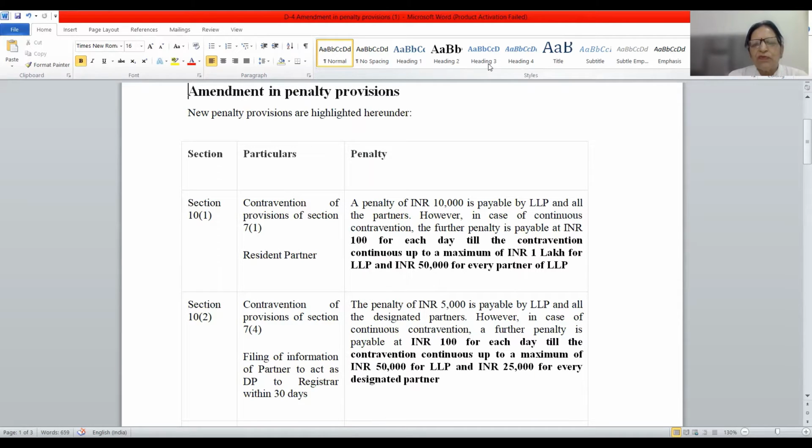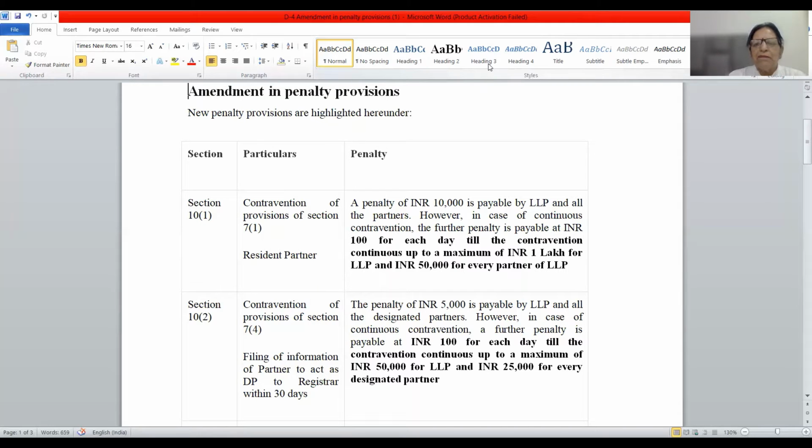However, in case of continuous contravention, a further penalty is payable at Rs 100 for each day, till the contravention continues, up to a maximum of 1 lakh for LLP and Rs 50,000 for every partner of LLP. So this is a penal provision. The minimum here is 10,000, but in case this contravention continues, then there is a further penalty.